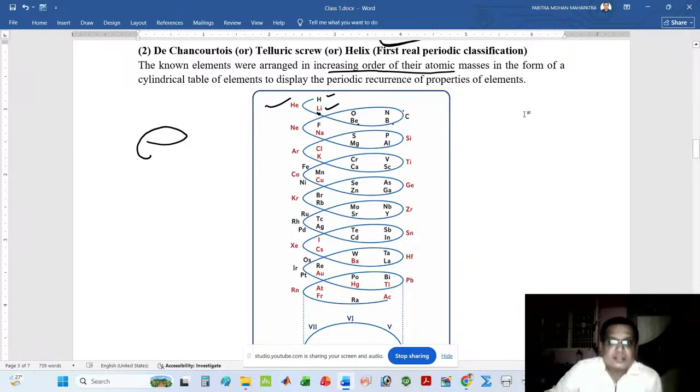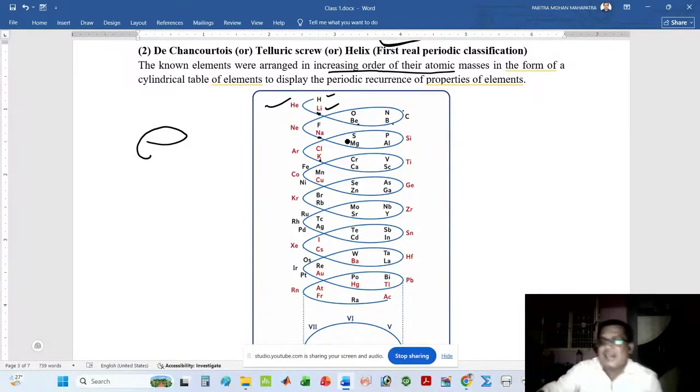That means think about lithium. If you want to make a circle, then the circle must be completed at sodium. Similarly, start from sodium, go and again, when you reach potassium, then you complete a circle.